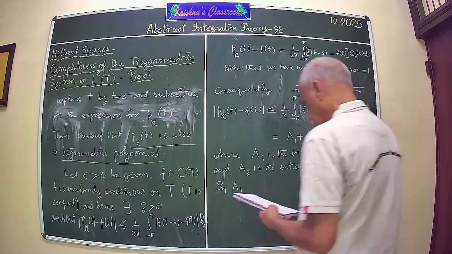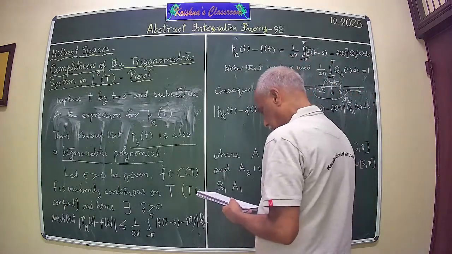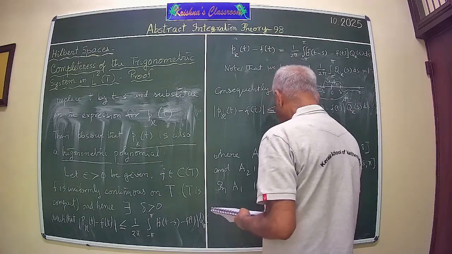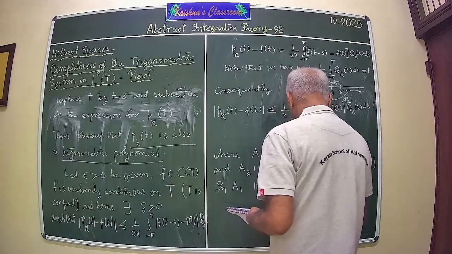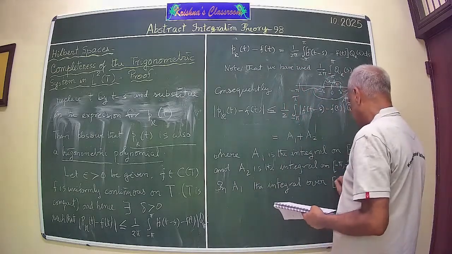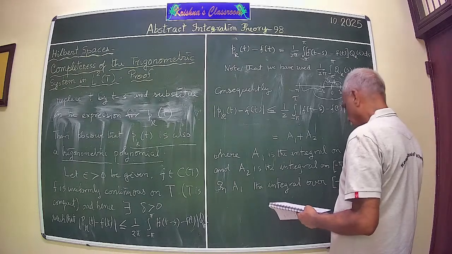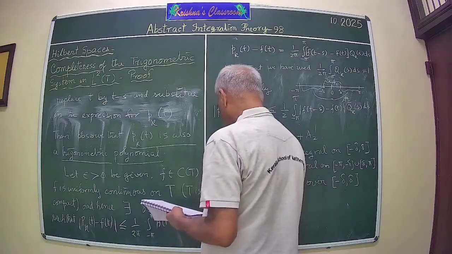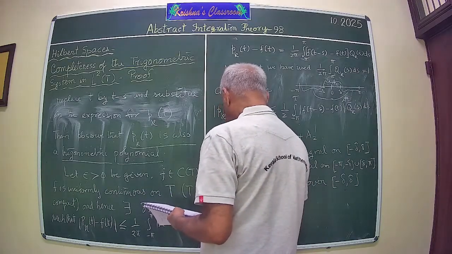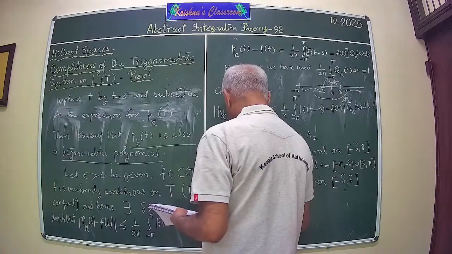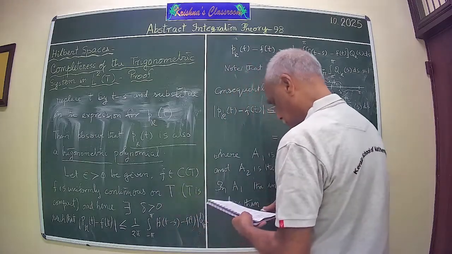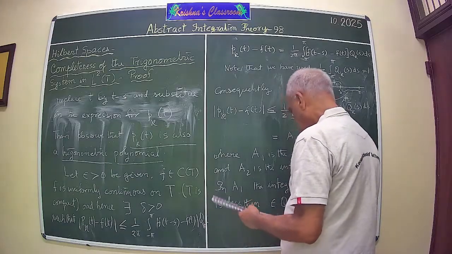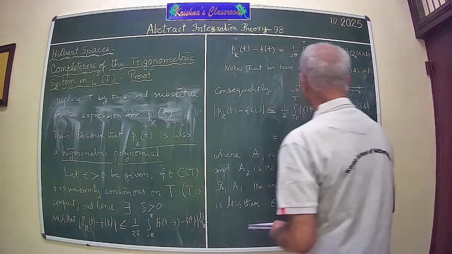Therefore, the integral over minus delta to plus delta is less than epsilon times qk. Okay, you look at this.